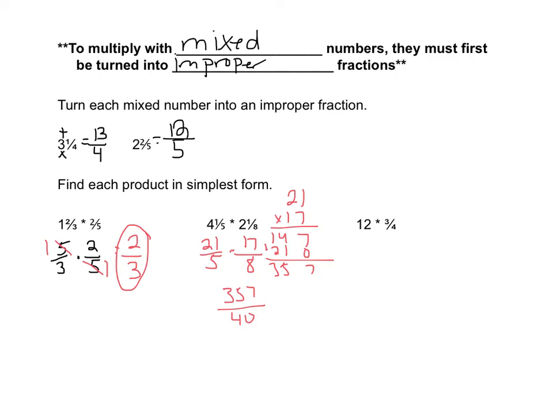If we wanted to change it back into a mixed number, remember we'd have to do 357 divided by 40.